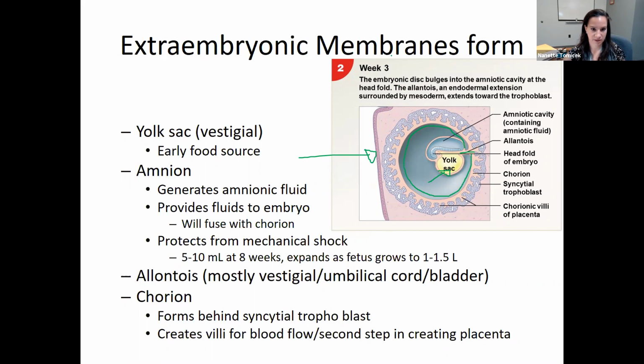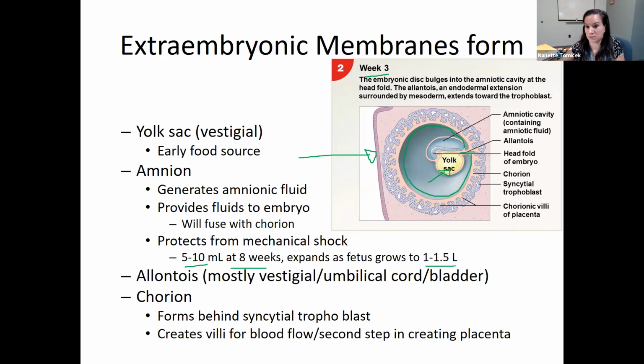So you can think of it in this picture, we're at about week 3, and even at 8 weeks, it's not much to talk about. 5 to 10 milliliters of fluid, this is like spoonfuls, as opposed to a liter, liter and a half, right? Like a big bottle of soda.